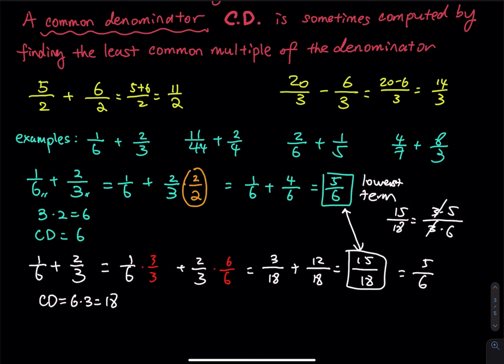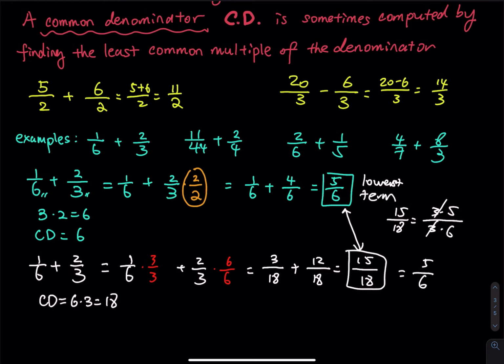Do we really have to reduce the fraction in statistics? I will say the answer is sometimes. When I teach statistics, I accept answers like 15 over 18 because that is a statistics class. I am not going to test you on how to simplify or reduce a fraction, but in some cases, let's say you do homework online or your instructor requires you to simplify or reduce the fraction, then you have to do it.